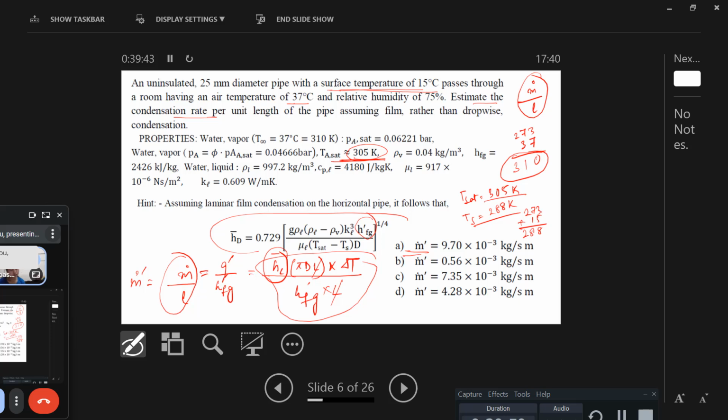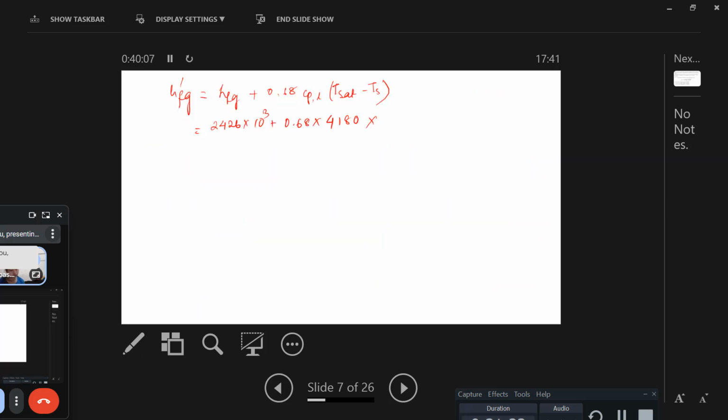Okay, so this is the surface temperature of the pipe, and this is the air to which the pipe is exposed. But then they will condensate at this temperature only. That means it is the saturated temperature. So the T sat is 305 minus 288.